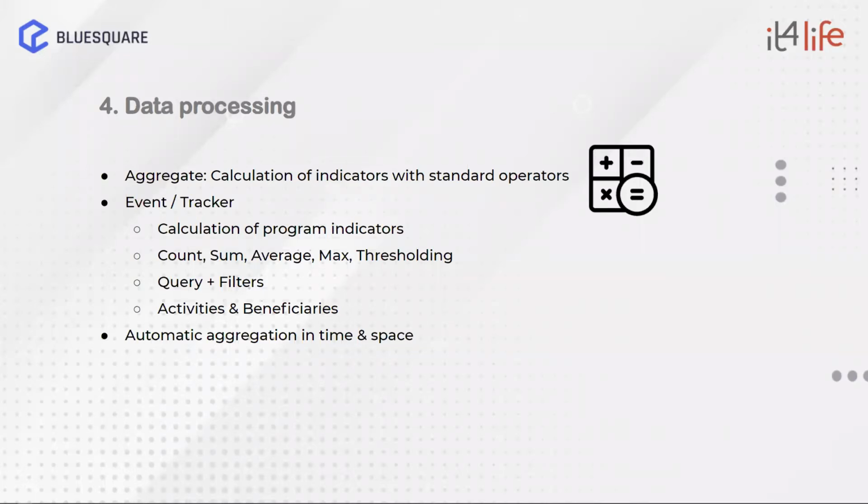The advantage for this, especially on the tracker, is that you can count on activities and beneficiaries, meaning that if you are in a medical project, you can count the number of consultations, for instance, but also the number of different people who came, the number of patients, where in most of the systems, it's not possible. And you have an automatic aggregation in time and space in the hierarchy.